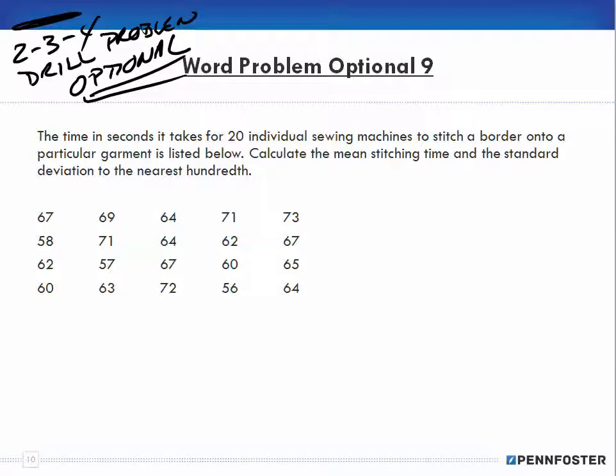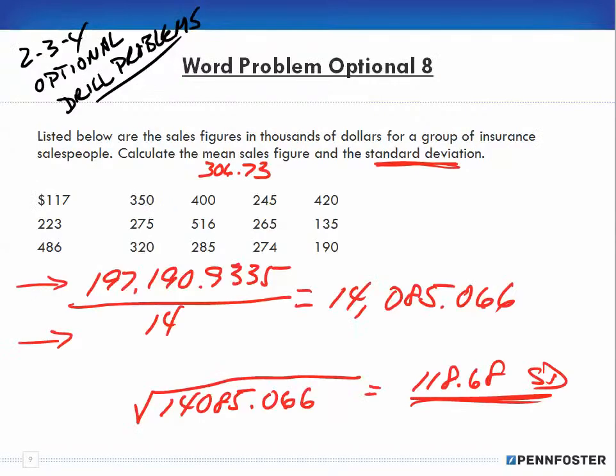And the thing that you want to notice here as a difference between problems 8 and number 9 is in problem number 8, let me just back up here. Notice that the numbers are all 3 digits long, right? Okay.